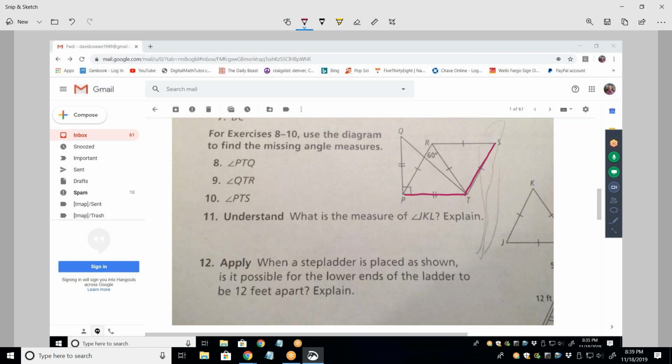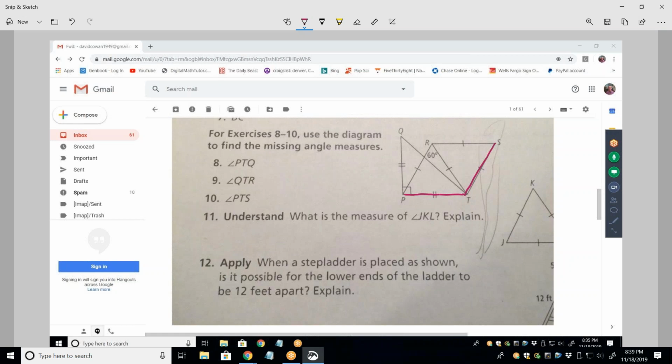Let's look at the triangle TRS. Okay. What kind of triangle is that? Isn't that also an isosceles when you first look at it, correct? Well, we got three equal sides. So that's not isosceles, that's equilateral.